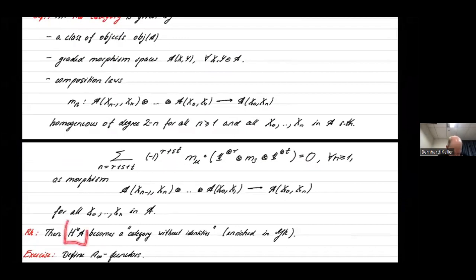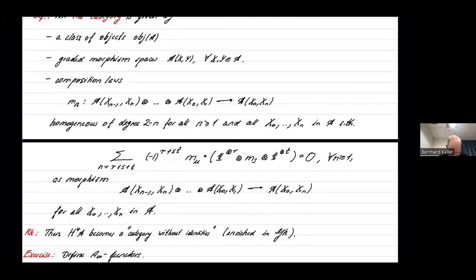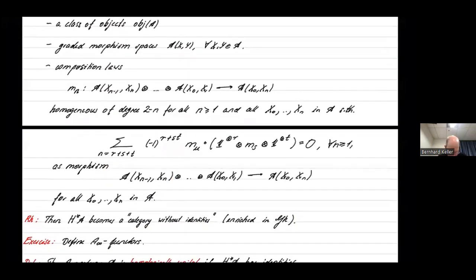If we take homology, then the homology of A becomes what we could call a category without identities, and it's a category enriched in graded vector spaces. H star of each of these complexes is a graded vector space, and M2 will induce an associative composition, which makes this then into a category, but without identities, since I did not assume that there are identities.